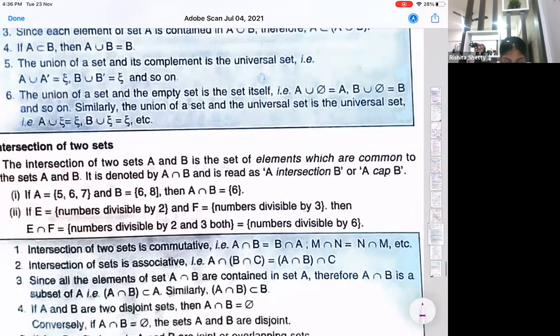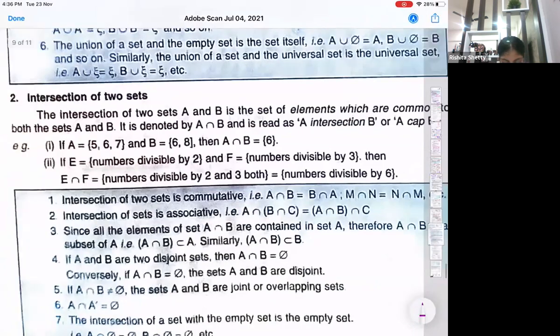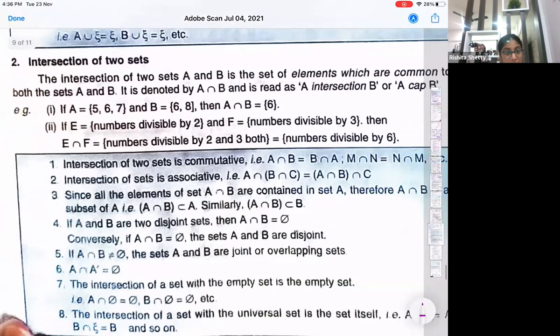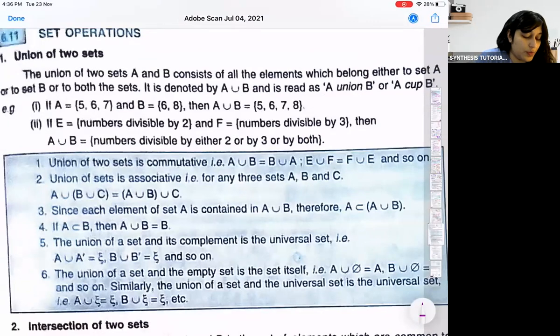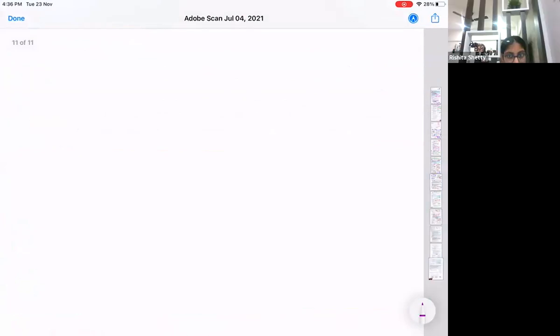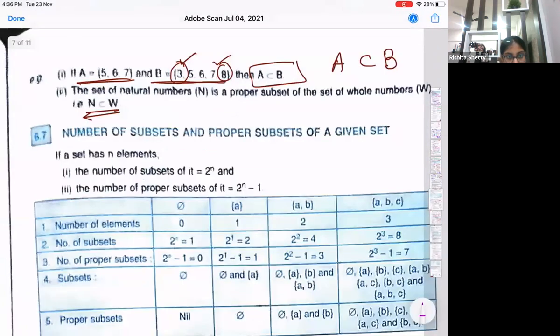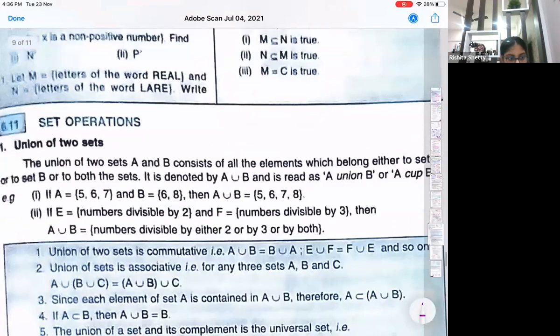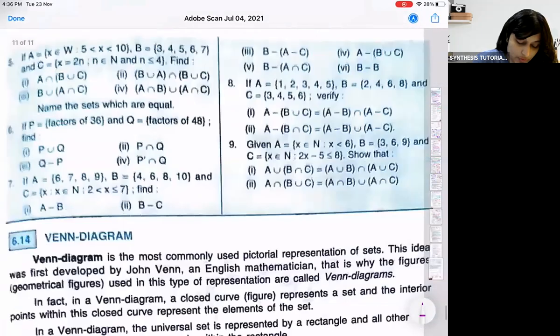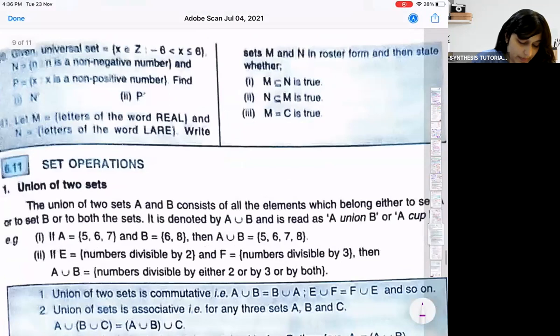Yes, Rishita? Can you explain example 2 if E is equal to numbers divisible by 2, that one again? Sure. So what would be the numbers divisible by 2, Rishita? Will be the multiples of 2, right? Yes, ma'am. Come on, tell me how do we write it in the roster form?